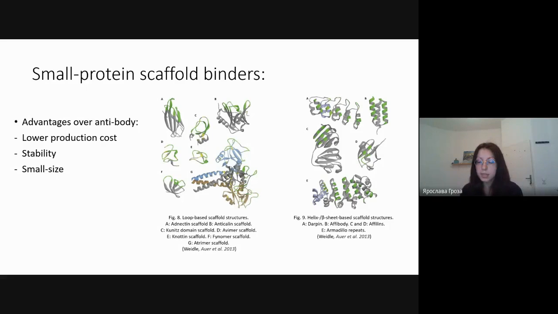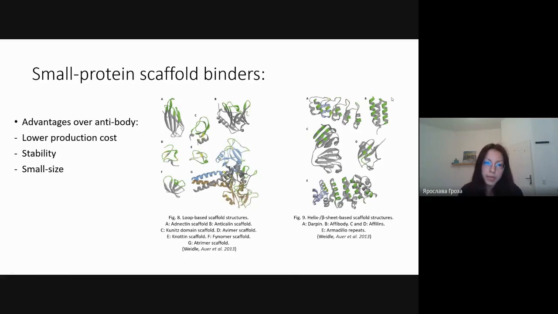In our laboratory, we have two types of libraries. One is based on the albumin binding domain from Staphylococcus aureus. This particular protein is called Affibody, but we took the same scaffold and created our own library design.